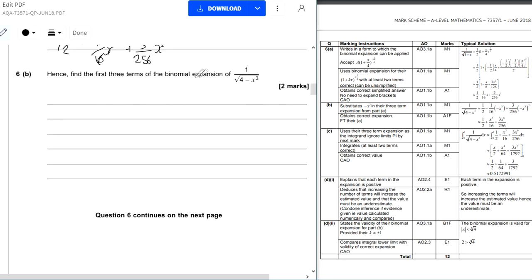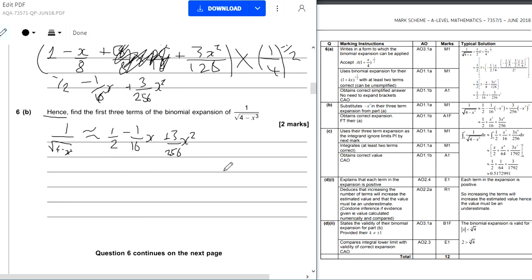Hence, find the first 3 terms of the binomial expansion of 1 over root 4 minus x cubed. The important thing here is hence, which means you've got to use your first part. So from the first part, to jump from this to that, all I've got to do is replace x with x cubed.